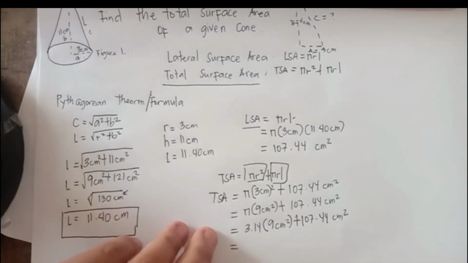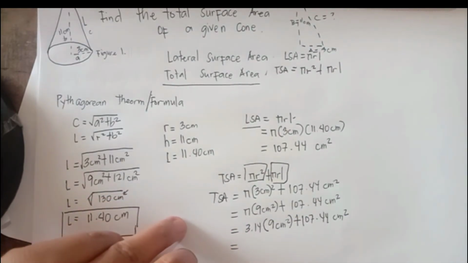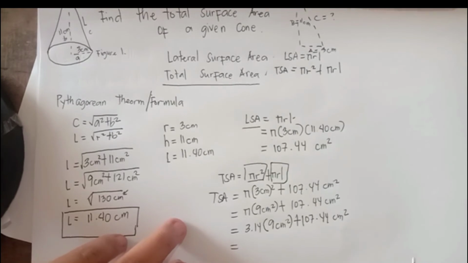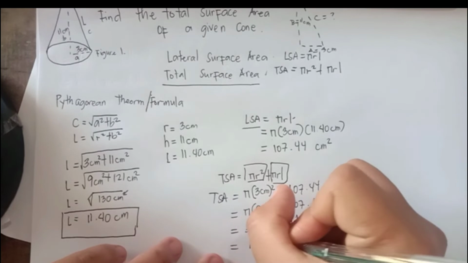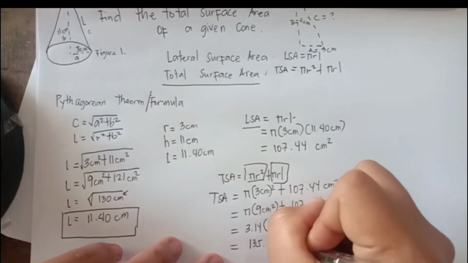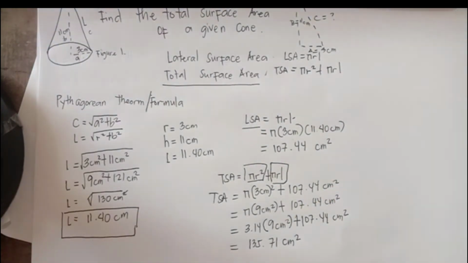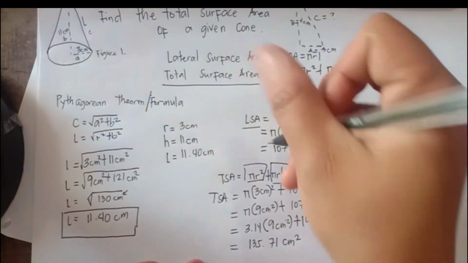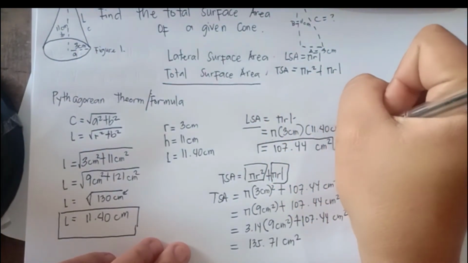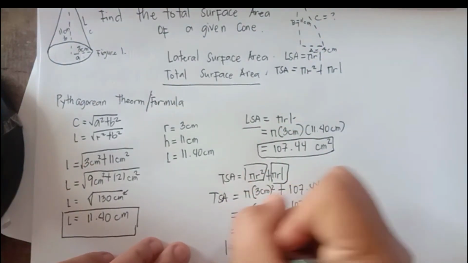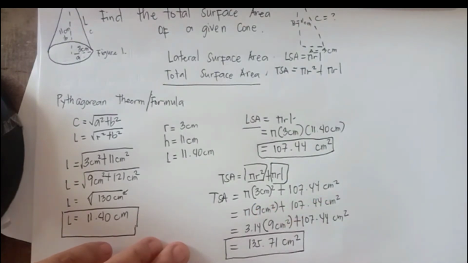Yung ang pi natin is equivalent to 3.14 and so on. Next is the answer. What will be the answer? The answer is 135.71 centimeter squared. Okay? So this is our lateral surface. And this is our total surface area.